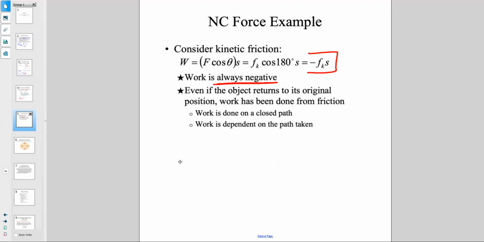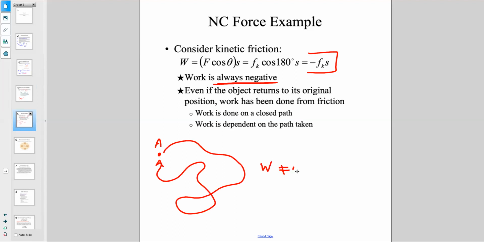So it does depend on the path, because friction depends on the path and on the surface. So you're dealing with the work done by a force that does depend on the path. So work is done on a closed path: even if the object starts from point A, goes all the way around and comes back to the same point, the work is not zero for a non-conservative force.